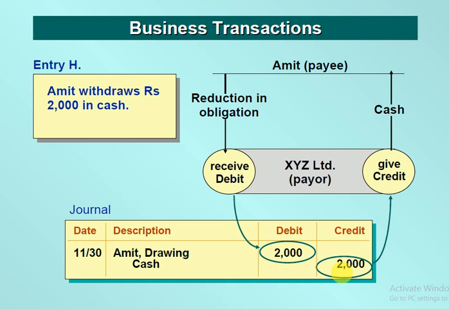For now, these business transactions were just analyzed according to the increase or decrease impact, according to the debit and credit impact, and were properly recorded in the journal.